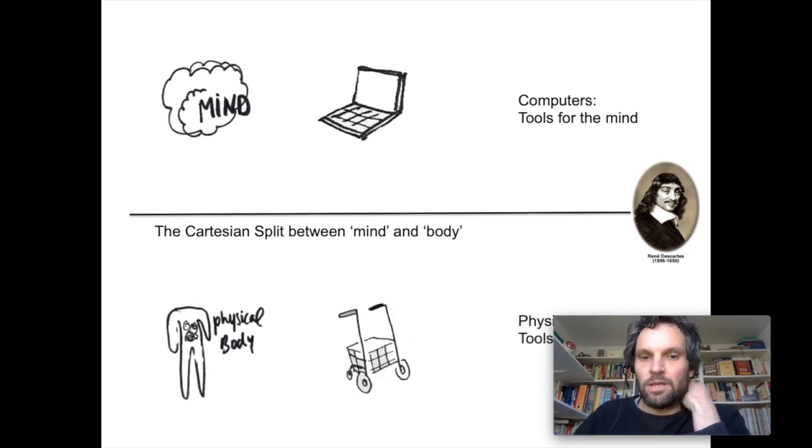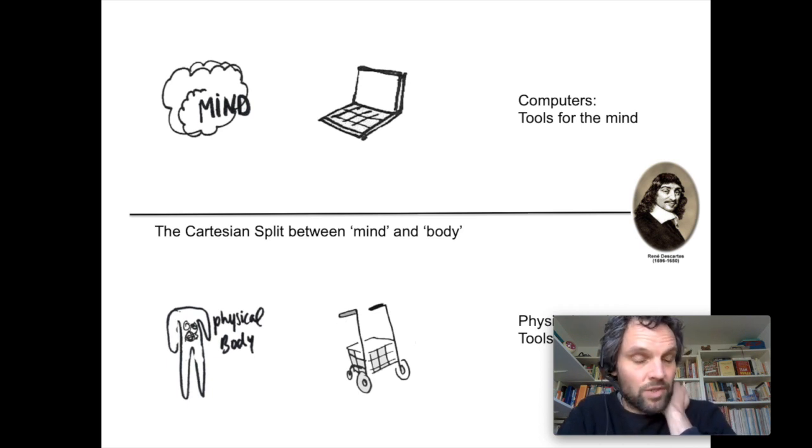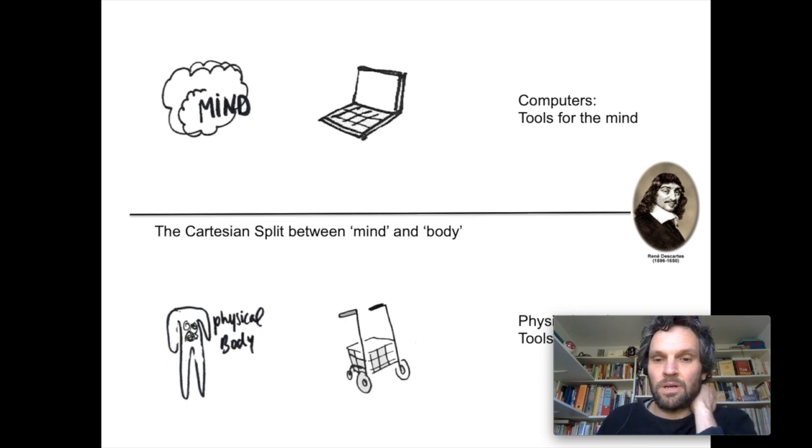Now, in the industrial design department where I work, we traditionally create all kinds of tools that are for the body, like a stroller, for example, to support your physical body. And there's this split not only in how we theorize human beings, but also how we have organized our technological world.